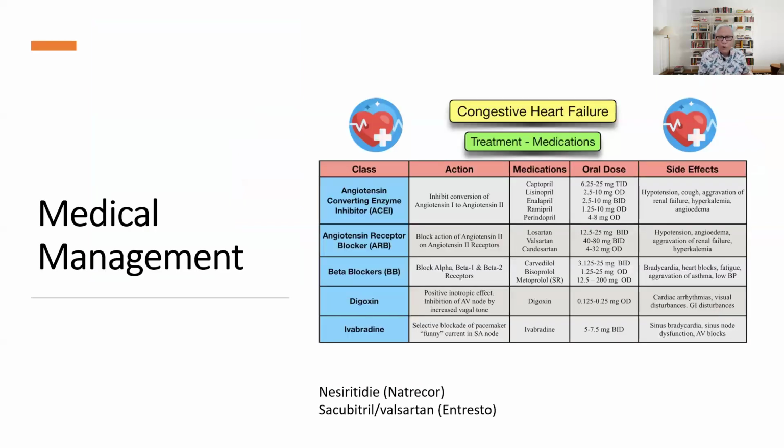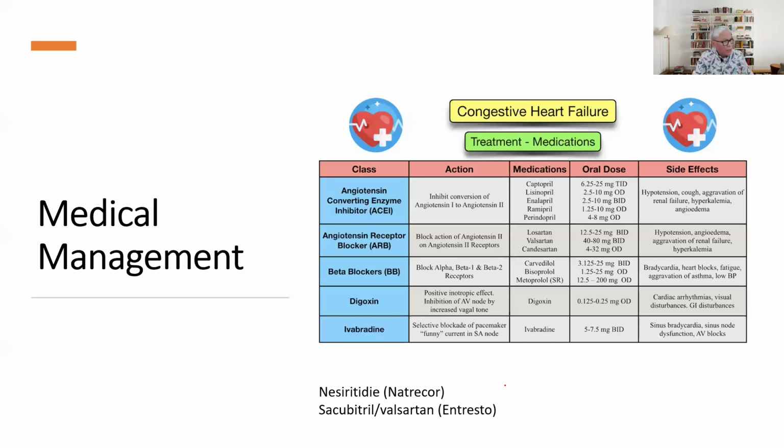Let's focus, however, on the pharmacologic treatment of patients with heart failure. So let's take a look at the management of heart failure to relieve symptoms, to improve their functional state, as well as the quality of life, and sometimes to extend their survival.